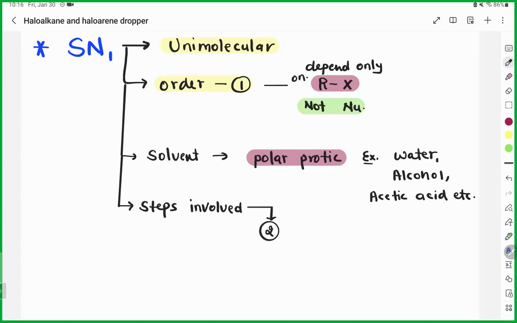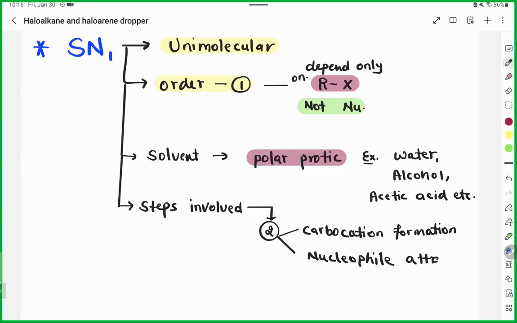SN2 is only one step, a single step reaction. Here two steps are involved. What are the two steps? First will be the RDS, carbocation formation, where this alkyl halide will release its X negative ion and form carbocation, and then nucleophile attack. That's why nucleophile attack is not so important rather than carbocation formation. Got it?